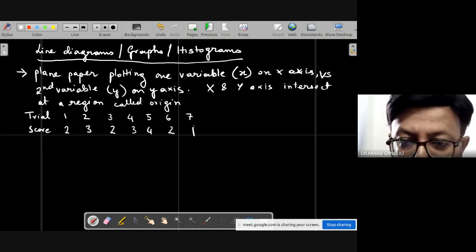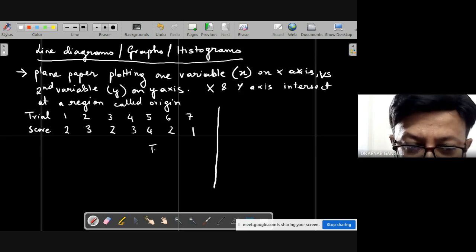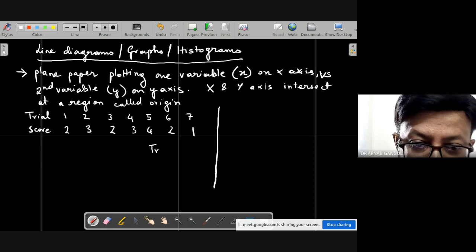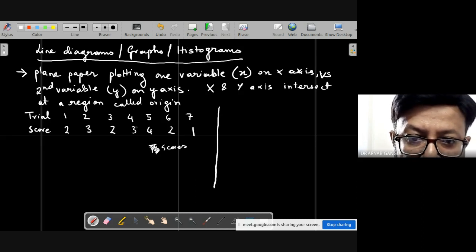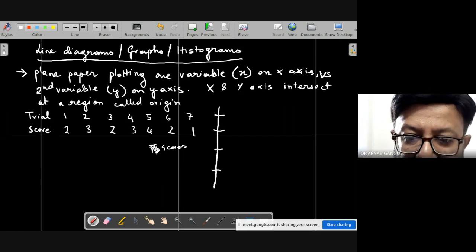Now you want to look at the performance. So you draw an x-axis, and this x-axis will be trial. Sorry, the scores on the other axis: 1, 2, 3, 4.